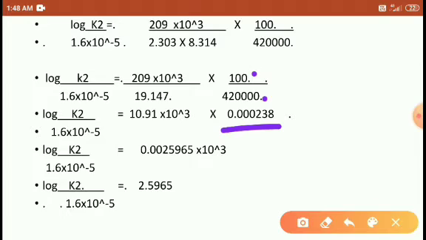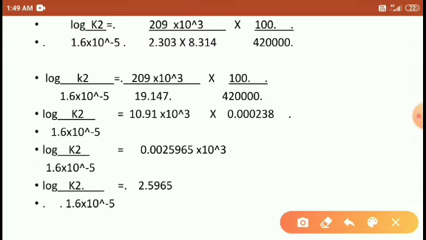We got the answer 0.000238. Again we divide 209 × 10^3 by 19.147. The answer is 10.91 × 10^3. So for log K2, you multiply both values.